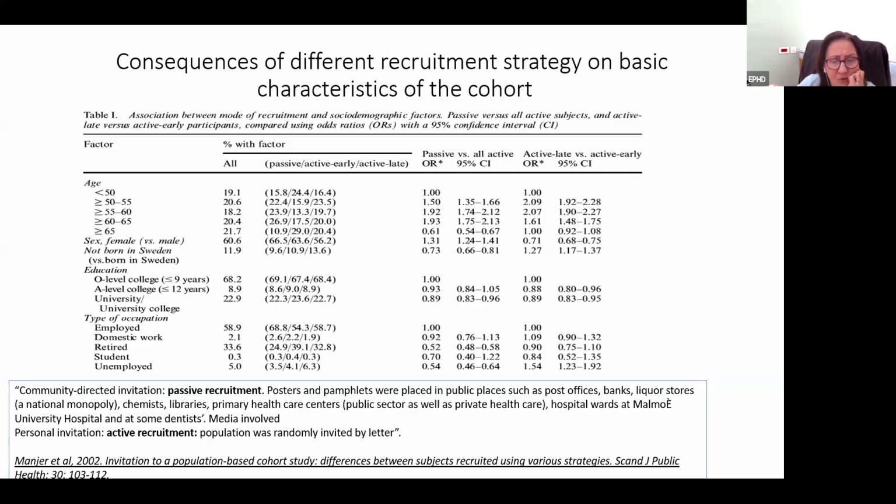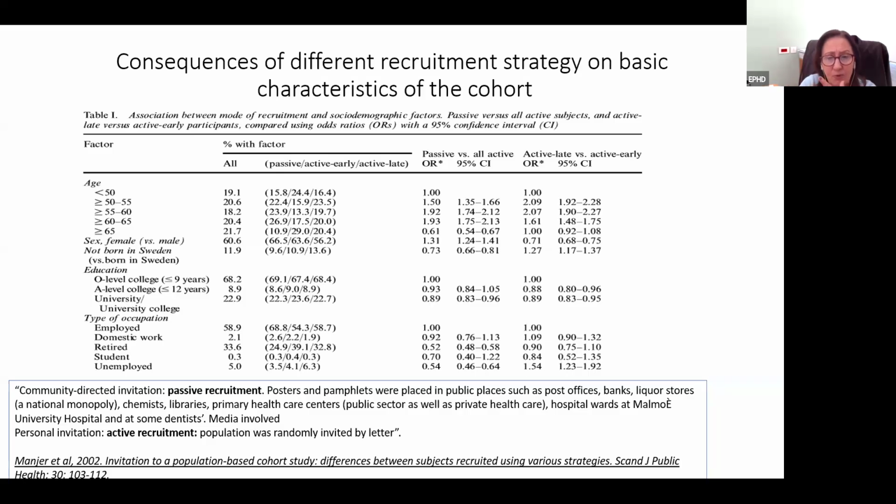What it tells you is that recruitment really differs between the passive and the active approach. It produces different types of populations. So you capture more, for instance, people who are staying at home, or people who go a lot to check-ups in dispensaries.